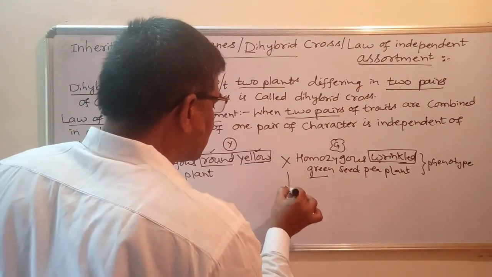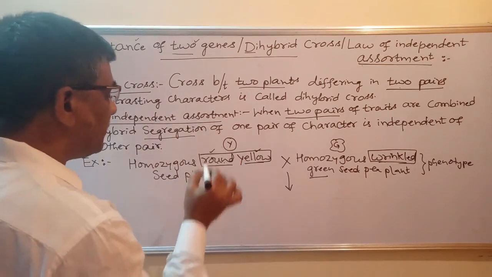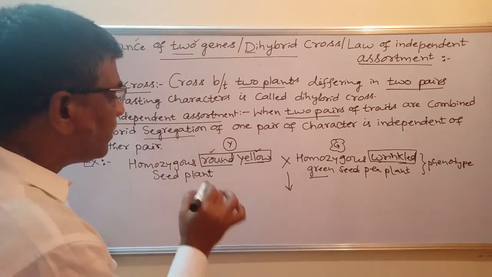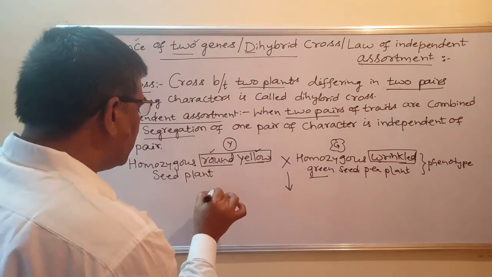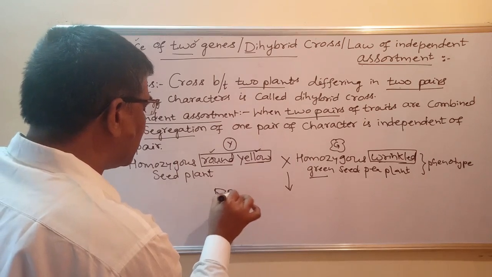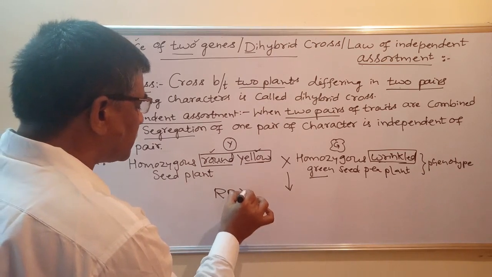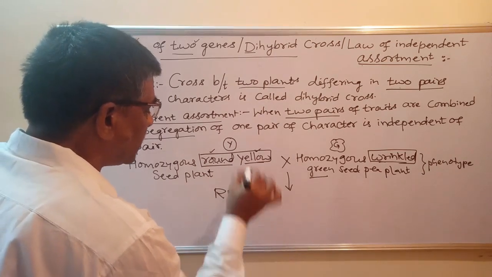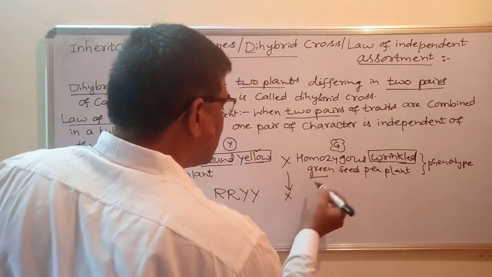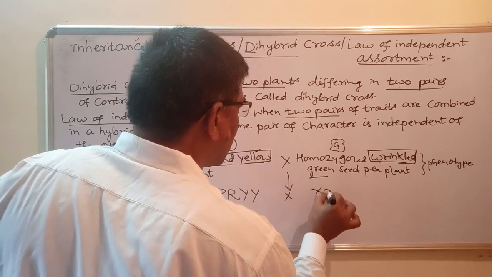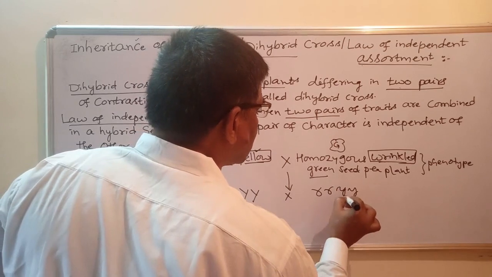For this we need to take a genotype. For every characteristic, we have to take a pair of alleles. Since round is dominant, we take capital R for roundness, and yellow color is also dominant, therefore we take capital Y. This is crossed with the corresponding small letters: small r, and for green color, small y.